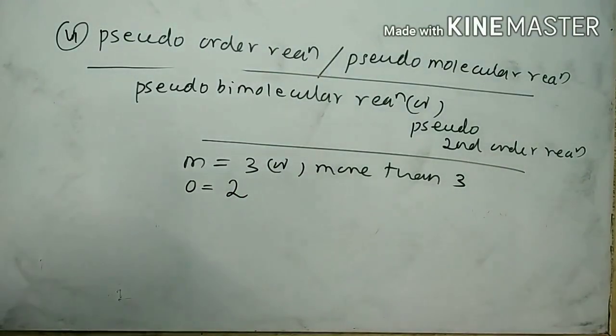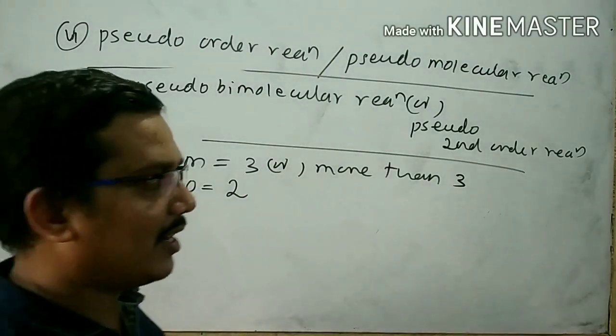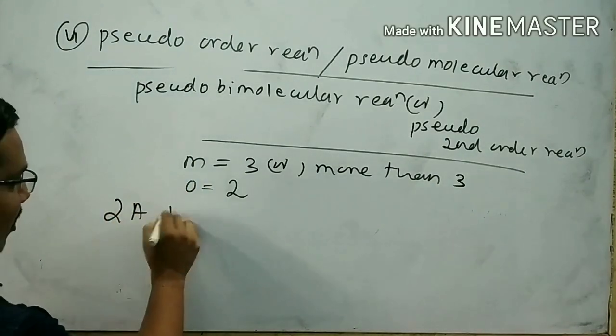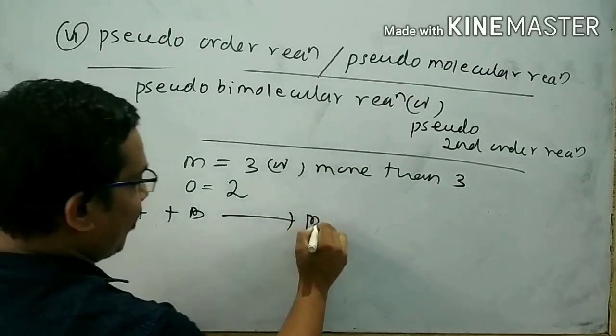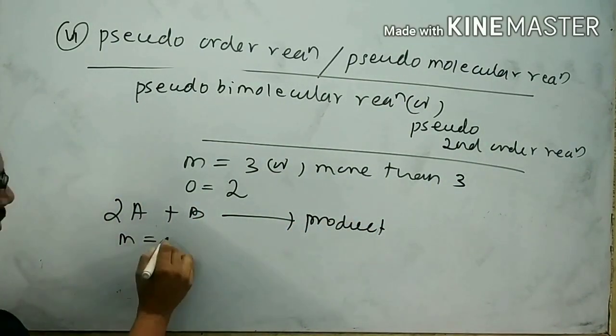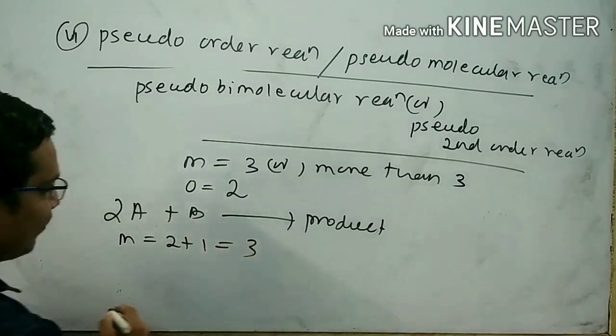This type of reaction is found rarely. Suppose I take a general example, 2A plus B gives a product. Look at that. The molecularity of this reaction is 2 plus 1, that is 3.